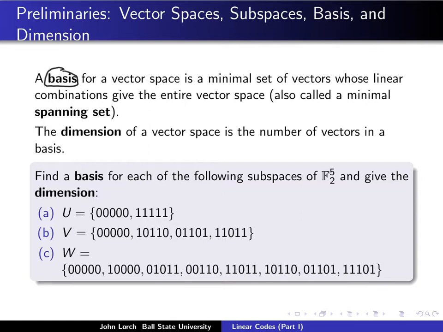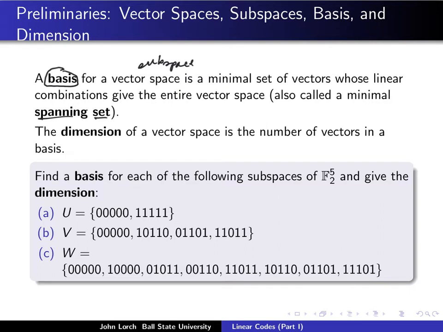So a basis for a vector space or subspace is a minimal set of vectors whose linear combinations give the entire space. Right? That's also called a minimal spanning set. And then the dimension of the vector space is the number of vectors in a basis.